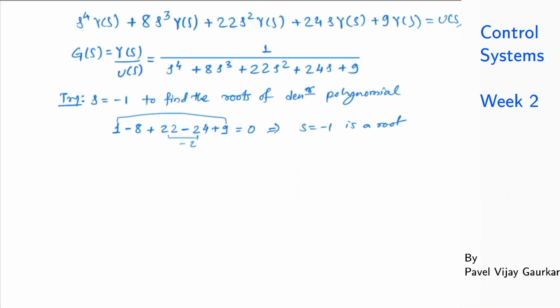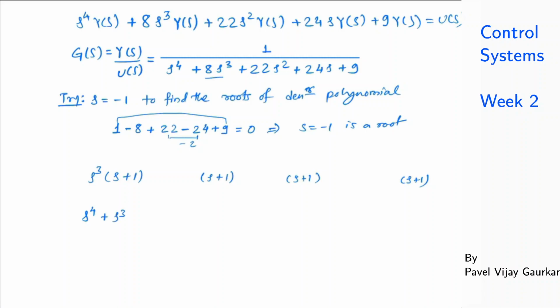Since this is a root, let's do s plus 1 to factorize. So we want s power 4 and we already have s. So if we multiply this by s cube, we'll get s power 4 plus s cube.